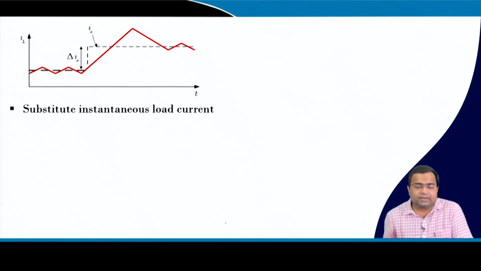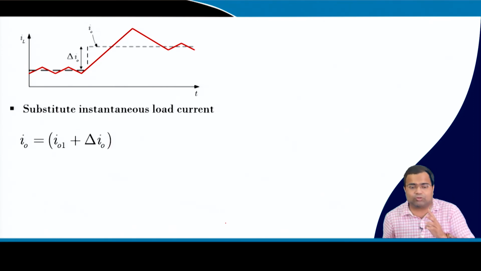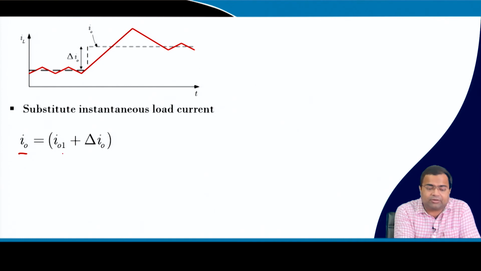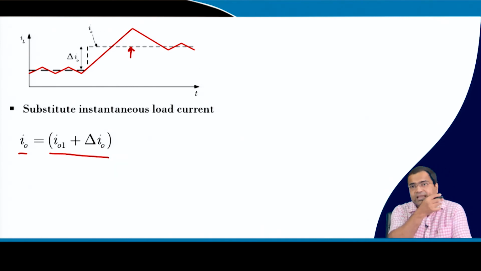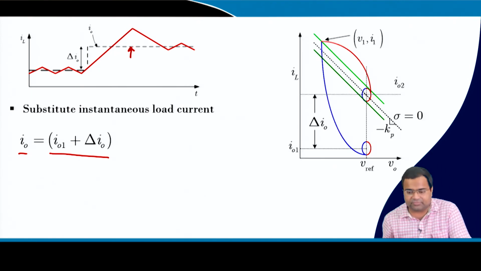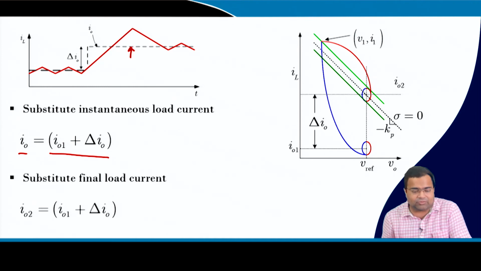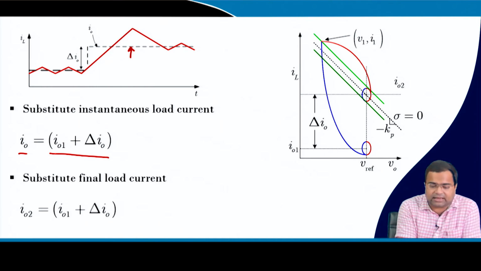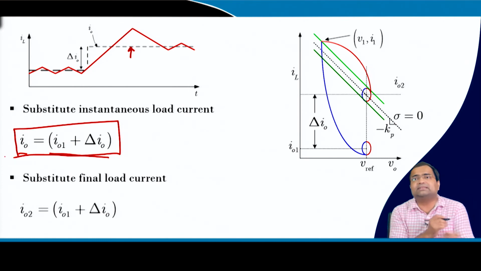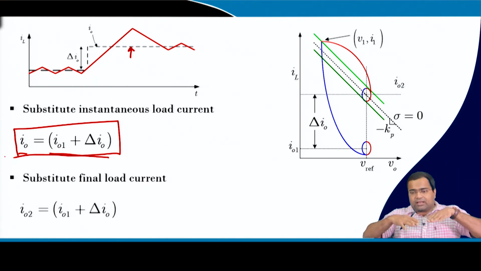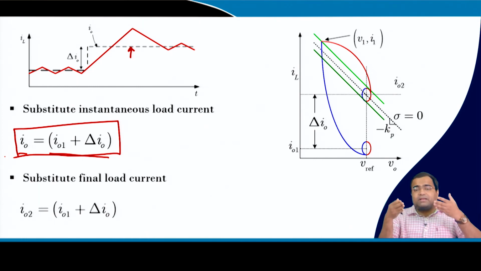Then you have to substitute the instantaneous load current for I0, the final load current, that means the final load current, which is the instantaneous value, is I01 plus delta I0. Sorry, the initial instantaneous load current, because when you are talking about instantaneous, it means there is suddenly a load step. So, the new load current is nothing but our I01 plus delta I0, and that is also my final current.